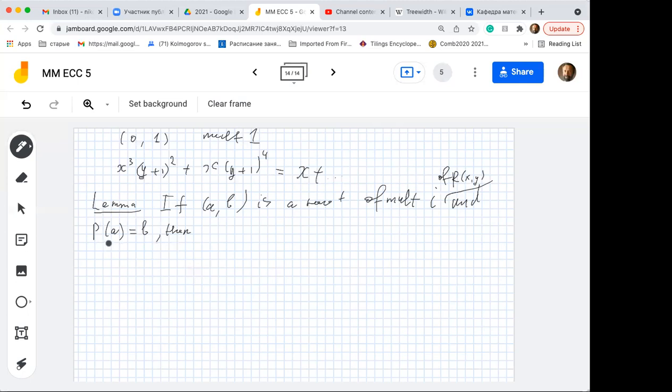So P is a univariate polynomial such that P of a is b, and (a, b) is a root of the two-variate polynomial R of x, y. Then a is a root of the univariate polynomial R of x, P of x, of multiplicity also i.